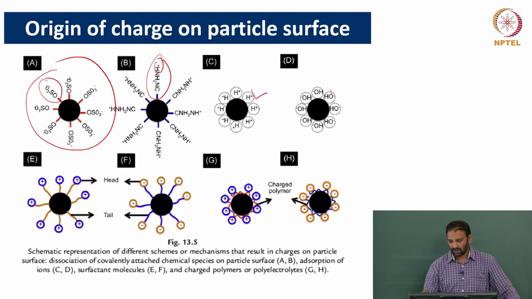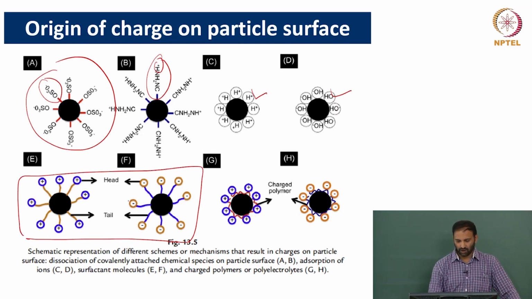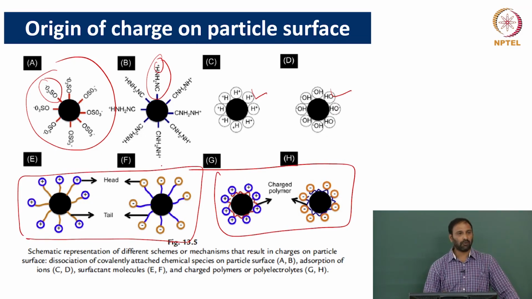This is a case where there's adsorption of H plus or OH minus ions, which can make the particle positively or negatively charged. Or the surfactant molecules are adsorbed, or the charged polymers are adsorbed. So you can think about these different ways by which the particles can acquire a charge.